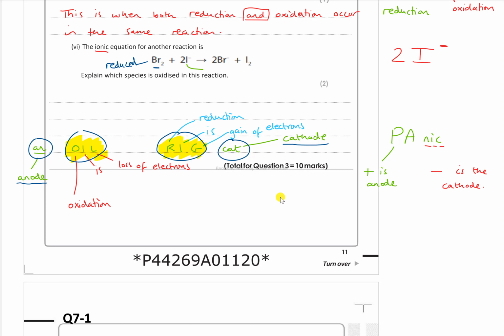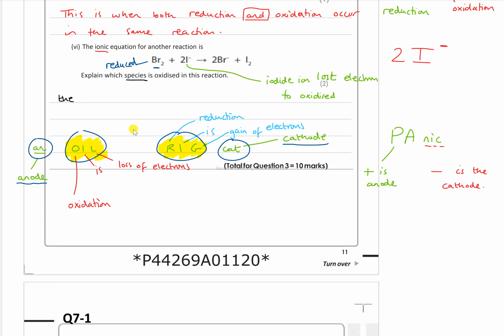And the iodide ion has lost an electron to become an iodine atom. It's been oxidized. So what we're going to have to do is write that in here nicely.